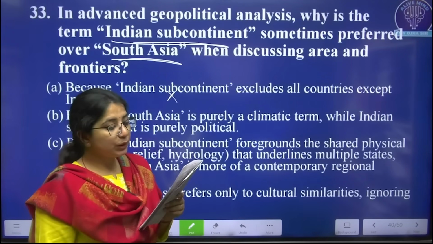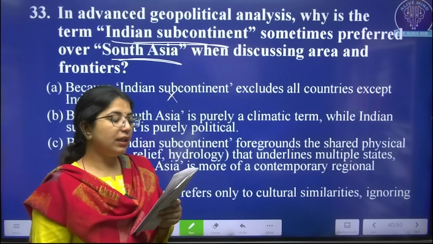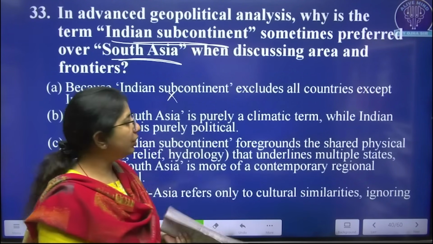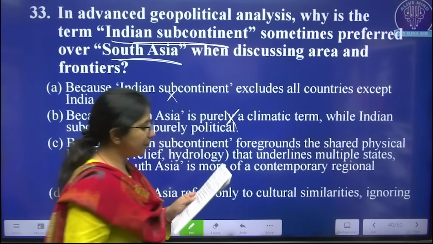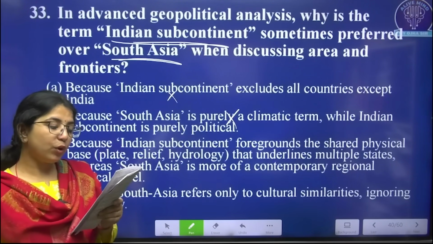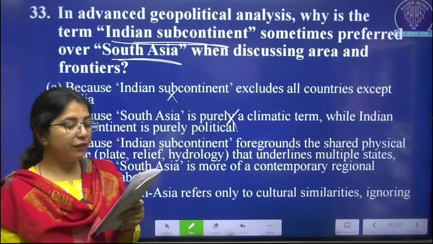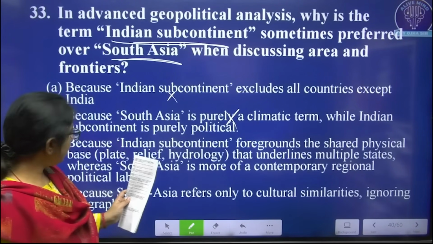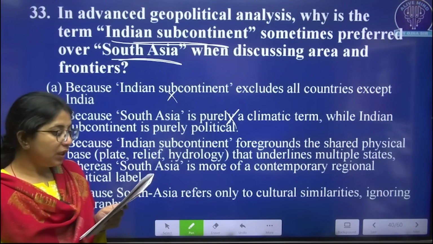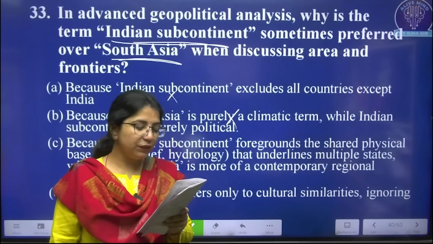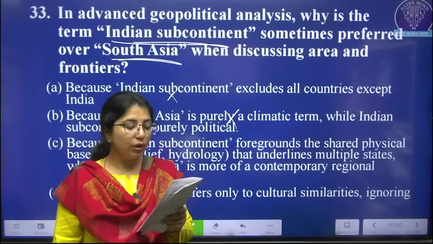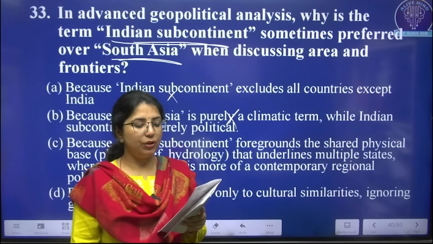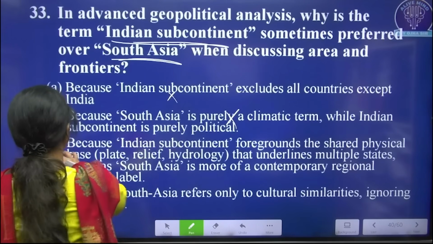Because South Asia is purely a climatic term while Indian subcontinent is a purely political term? No, this is also wrong. Because Indian subcontinent foregrounds the shared physical base, that means with respect to plate, relief and hydrology, that underlines multiple states, whereas South Asia is more of a contemporary regional political label. Yes, answer is C.